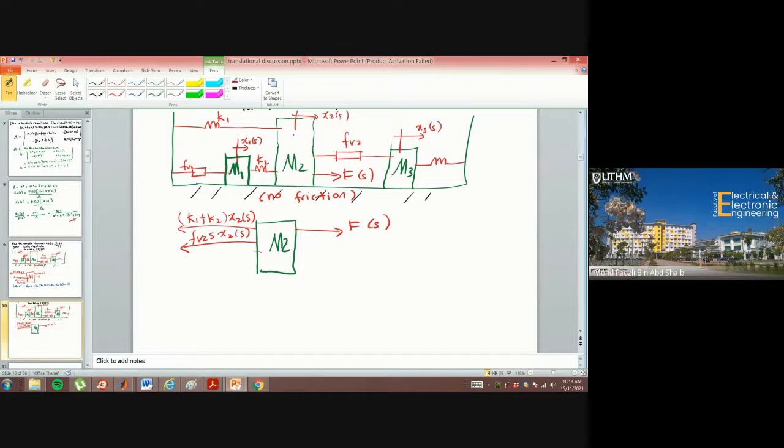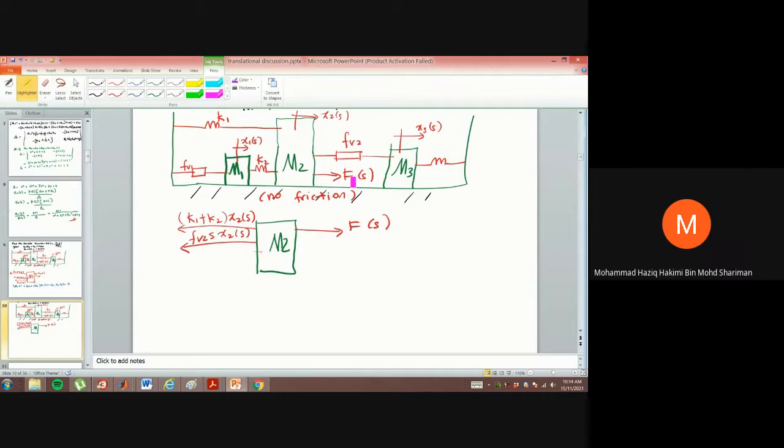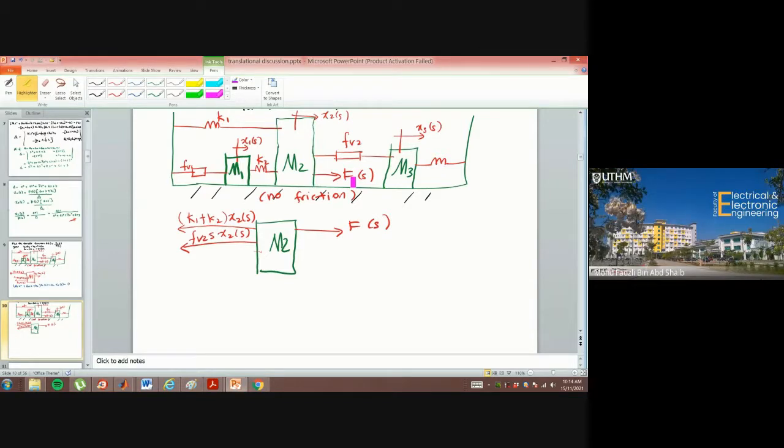What are the other forces that we have? We have K1, we have K2, we have Fv2, we have Fs. What else? M2. Very good, M2. M2 S square X2S, right? So now the forces of M2 due to the motion of M3. What is the link?